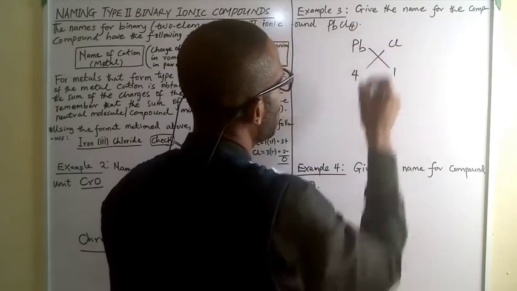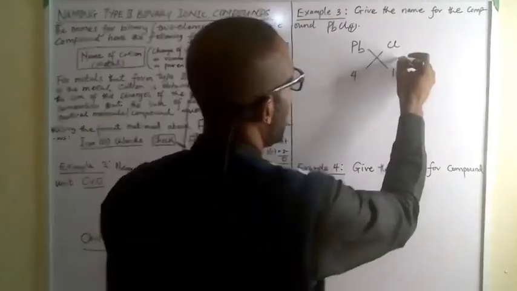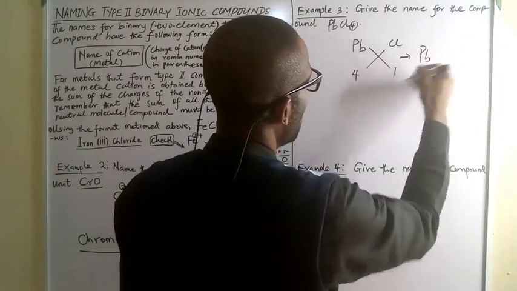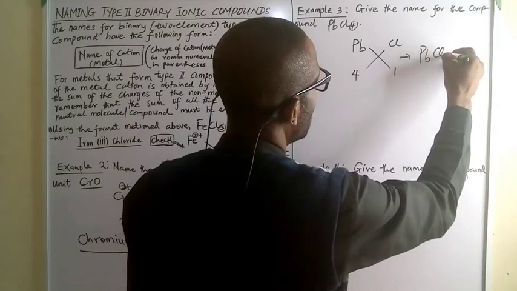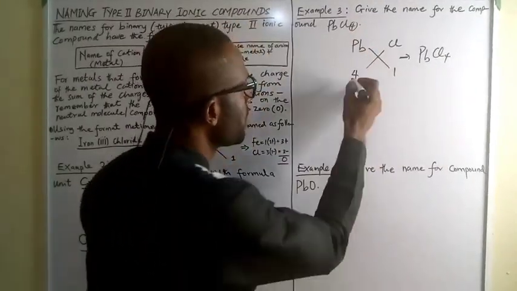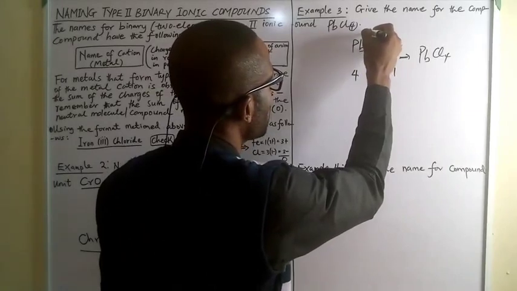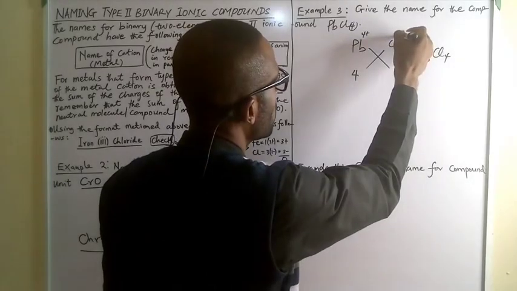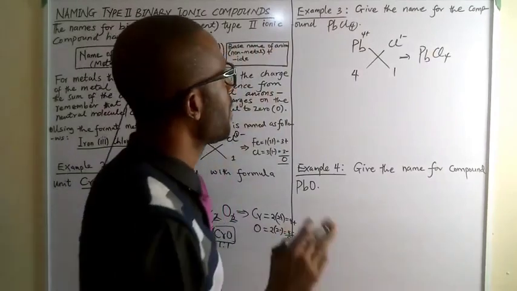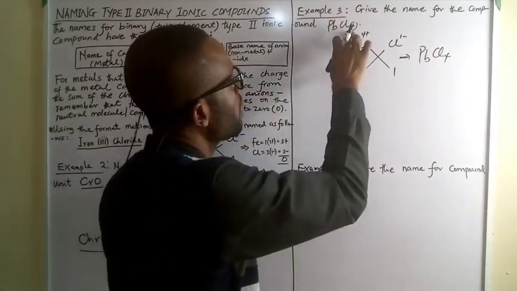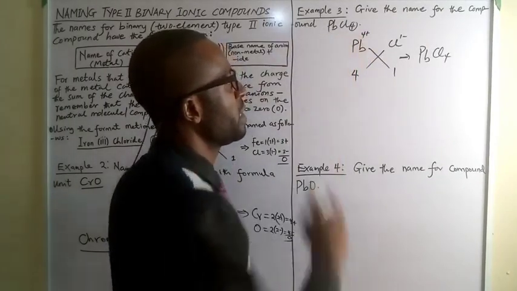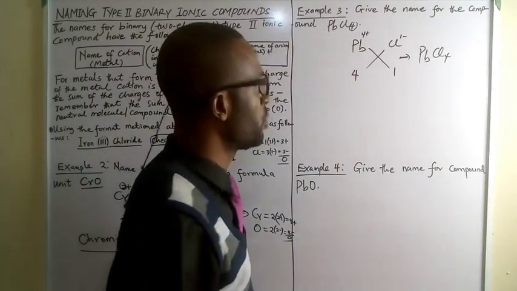When you cross and multiply, you're going to have that. Again, back to it. Pb is 1, as you can see, and Cl is 4. So this confirms that. That means the charge here is 4 plus, and the charge here is 1 minus. So I've told you, once you look at it, the subscript of the anion is actually the charge of the transition metal.